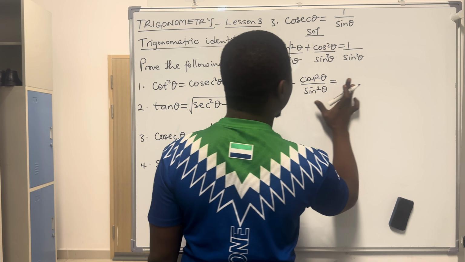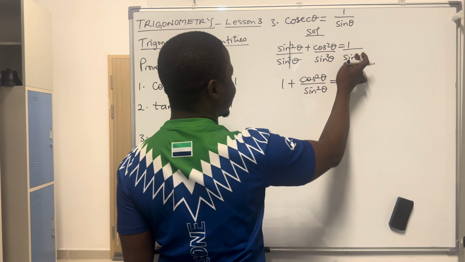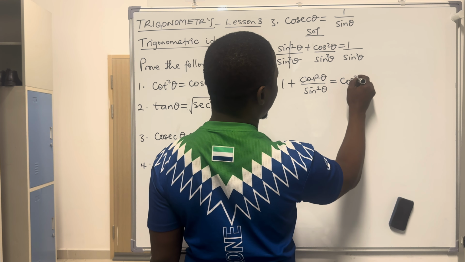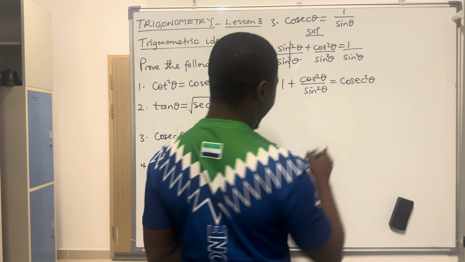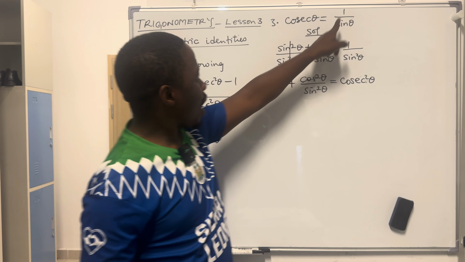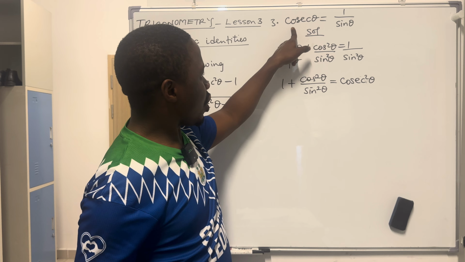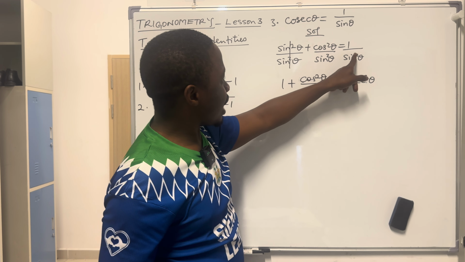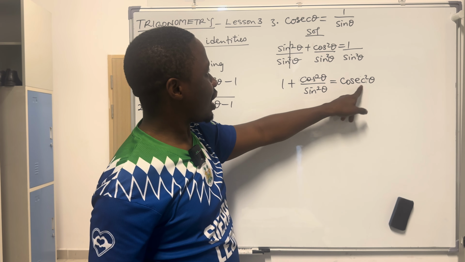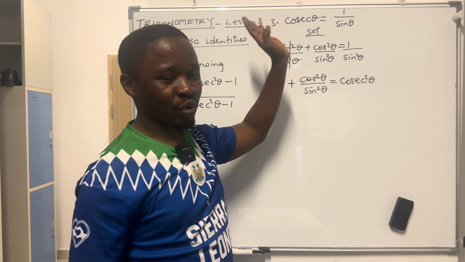But what is 1 over sine square theta? 1 over sine square theta is already cosec square theta. 1 over sine is cosec. 1 over sine square is cosec square. If there is a square, there must be a square. If there is no square, there must be no square.